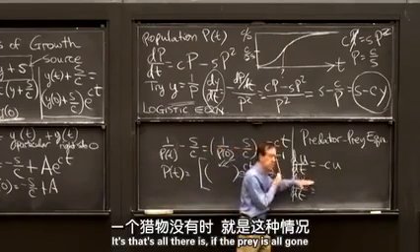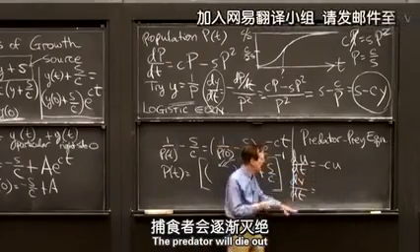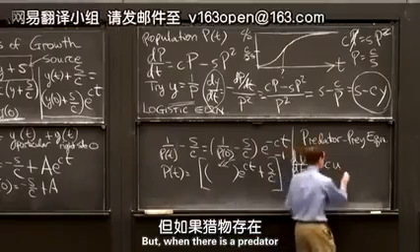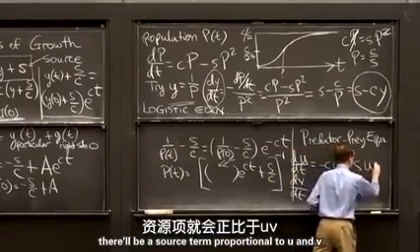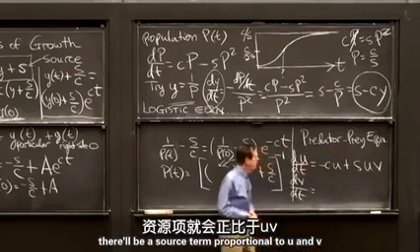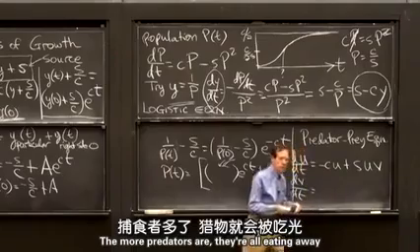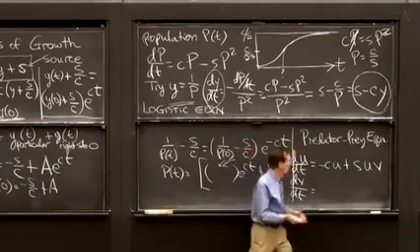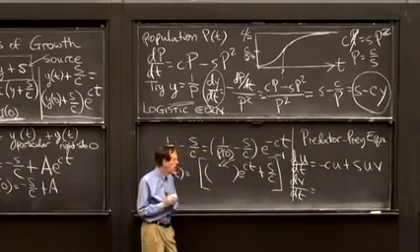If that's all there is, if the prey is all gone, the predator will die out. But when there is prey, there'll be a source term proportional to U and V. The more predators there are, they're all eating away. And the more prey there is, the more they're eating.